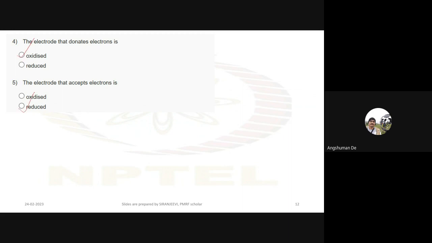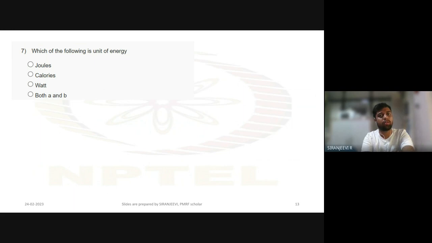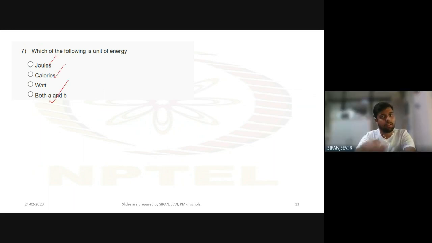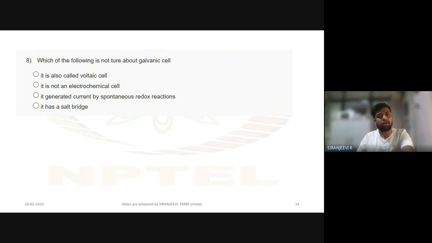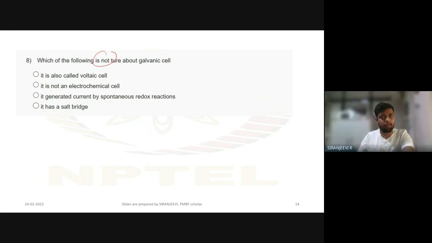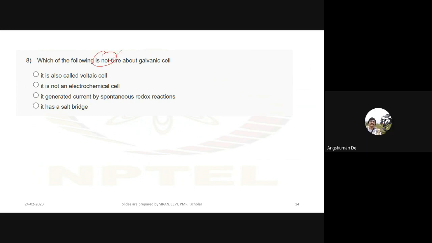Good. Okay. Which of the following is a unit of energy? Joules and calorie, both A and B. Okay. Which of the following is not true about a galvanic cell? B, I think.